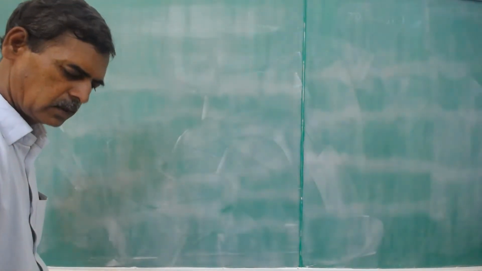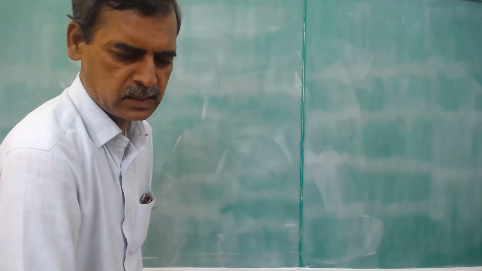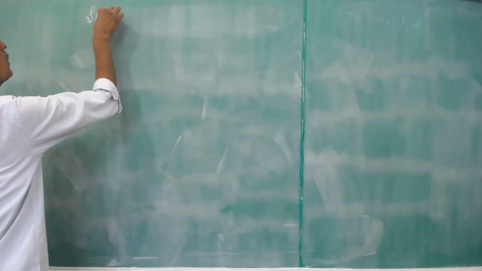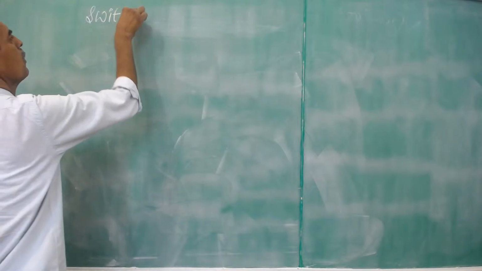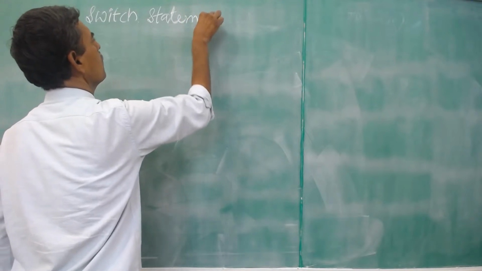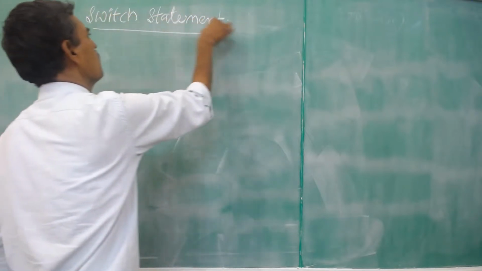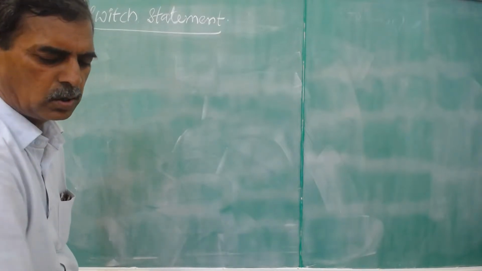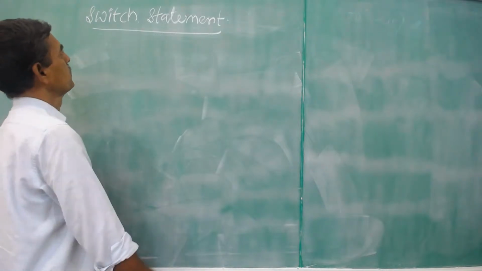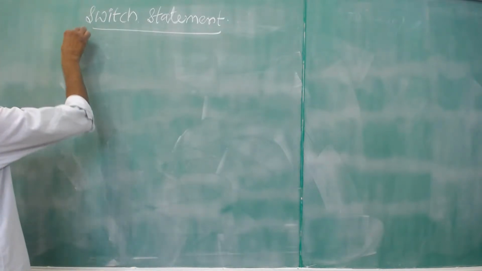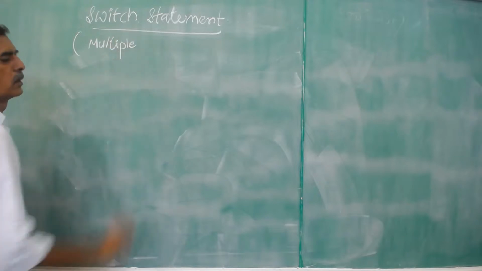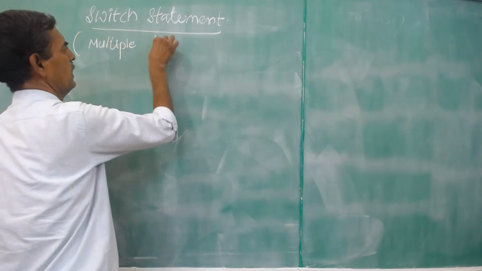Okay. So then the last one, the fifth one, is switch statement. Switch statement is called multi-way branching statement, or multiple branch statement.